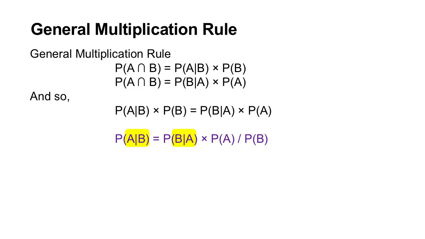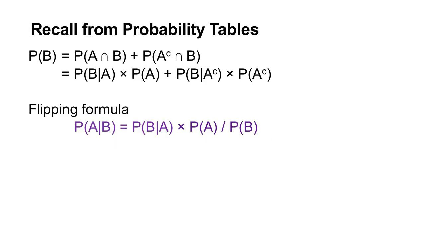So if you give me B given A and the marginal probabilities, I can flip around the condition using this formula. Now we can go a step further. Sometimes you may not have the probability of B, and in that case, as also happened in our little calculation, we can calculate it by adding up the elements in a probability table.